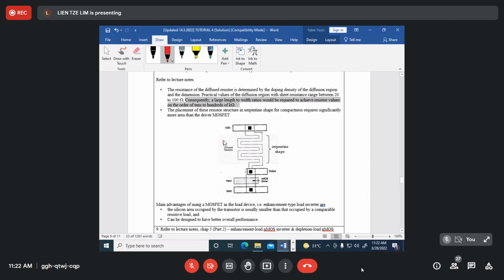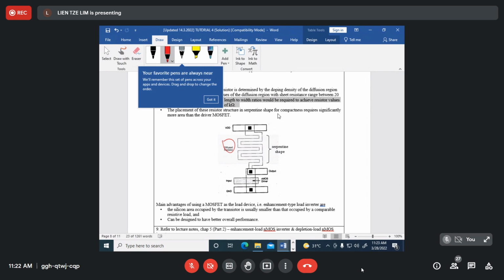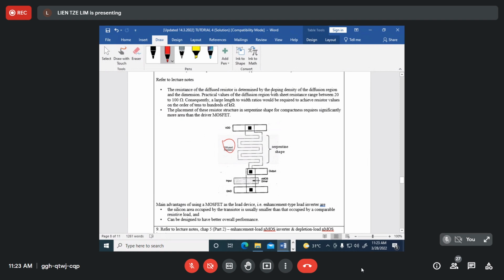This resistor is constructed and determined by the doping, by the type of the dopant and the doping density on this diffusion region, as well as the dimension. The shape of the diffuse resistor here looks like this. We call this shape a serpentine type shape.